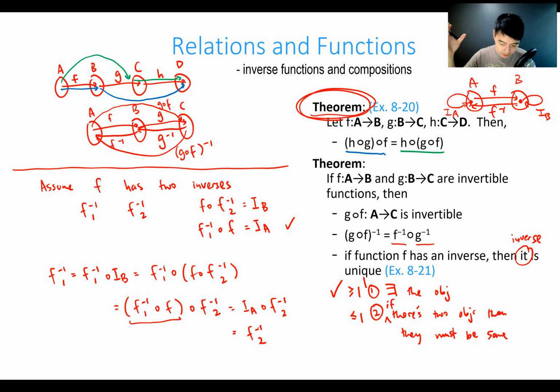All of these are the same function. And then we've shown that inverse 1 must be equal to F inverse 2. So what we can conclude here is that there is at most one inverse. Okay, so there's at least one inverse and there's at most one inverse. Therefore, inverse is unique.